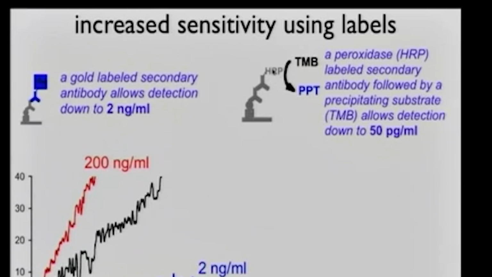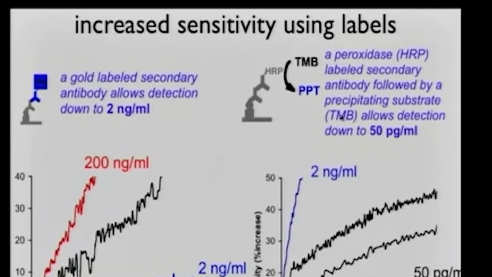The horseradish peroxidase then acts on a substrate, TMB, to form a precipitate. If you do that, we can actually go down to 50 picograms per mil. So you achieve much higher sensitivity. From 2 nanograms per mil here, now 2 nanograms per mil is huge, right. And we go down to 50 picograms per mil.